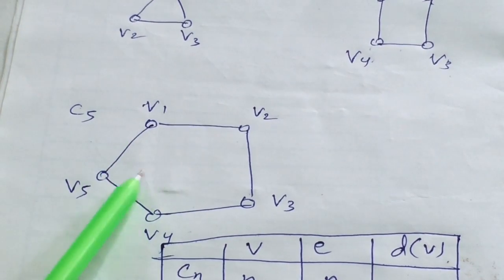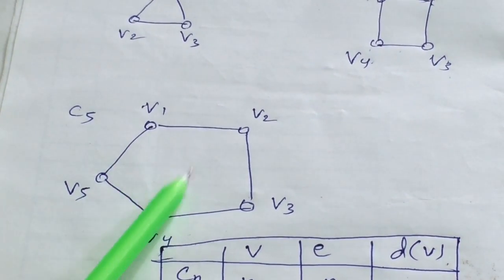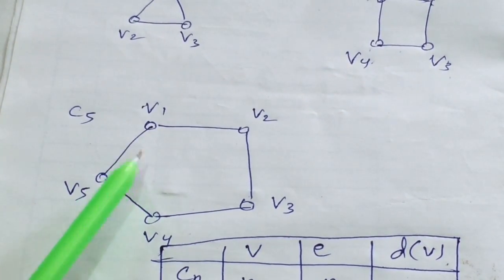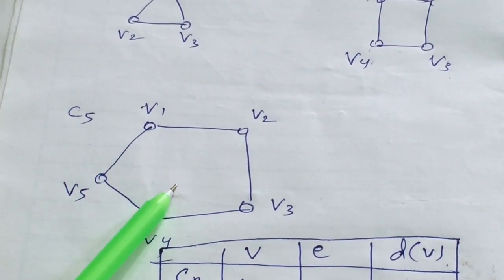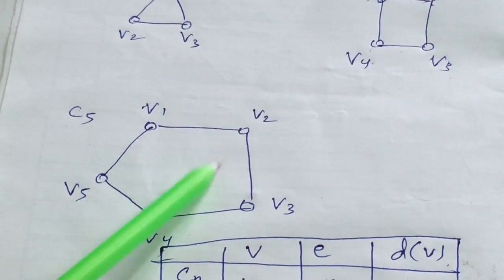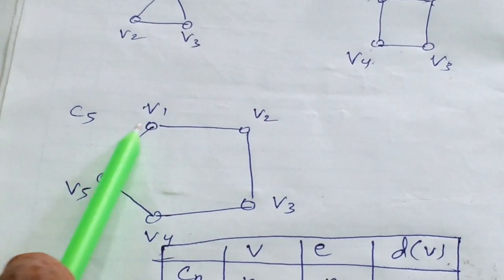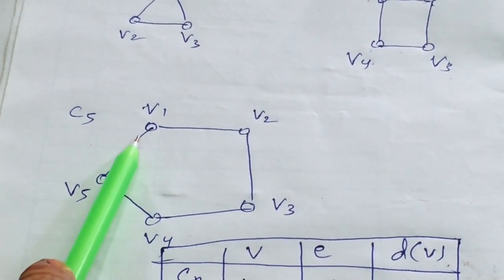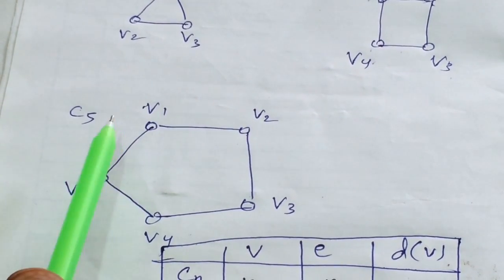But if you try adding one edge to that tree, it is not necessary that the graph will become a cycle graph. For example, in this graph C5, we are removing this edge v1 to v5 or any edge.